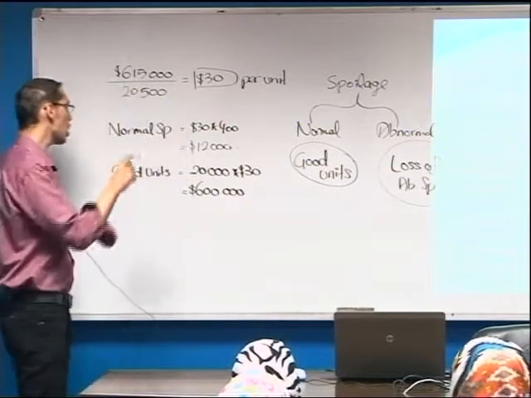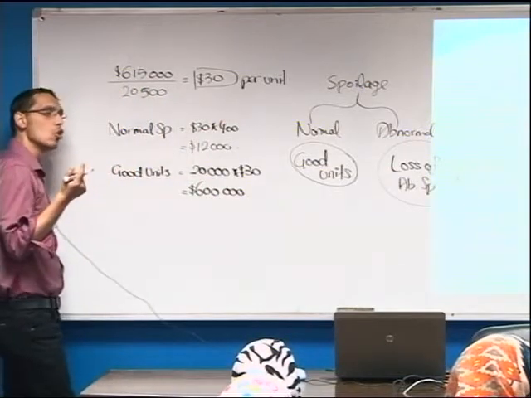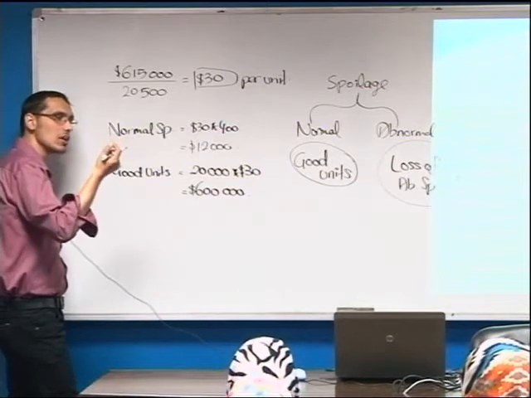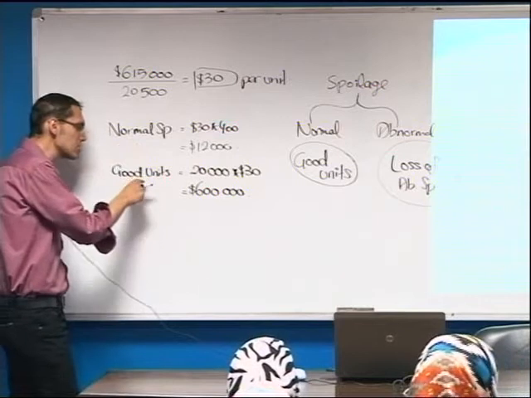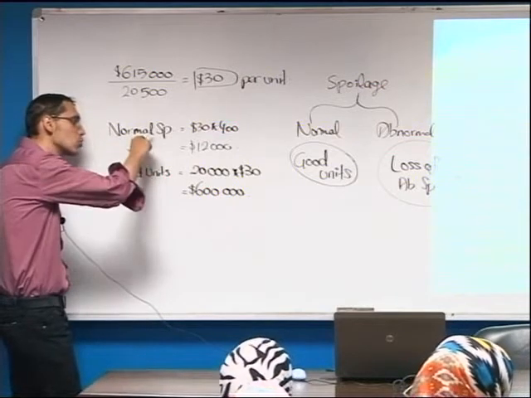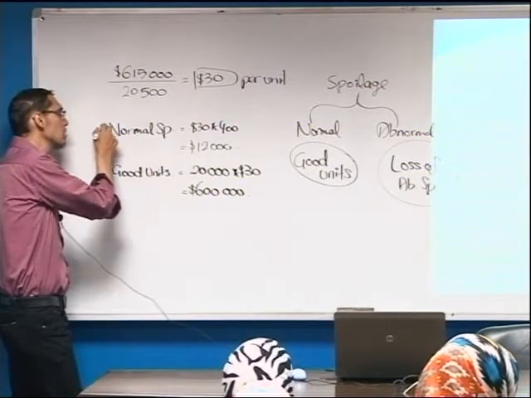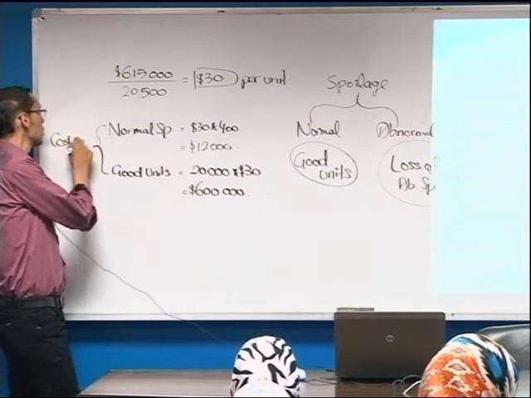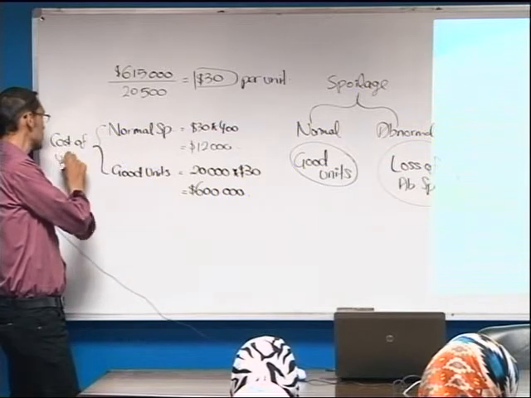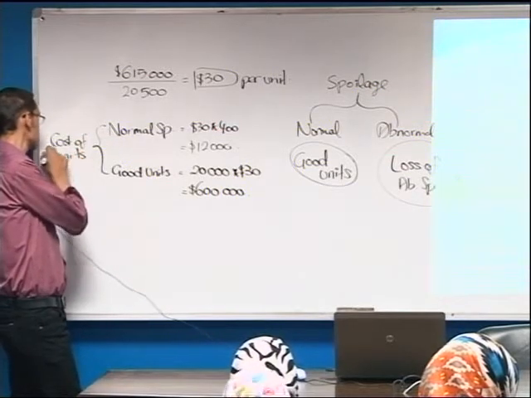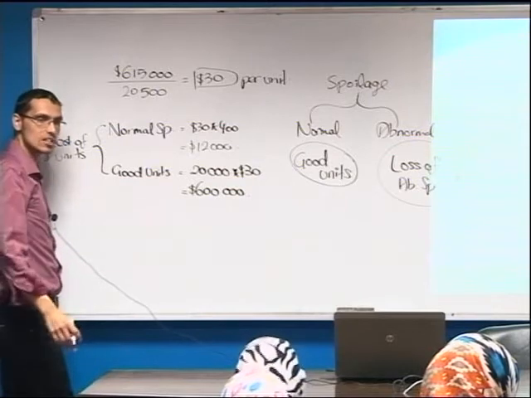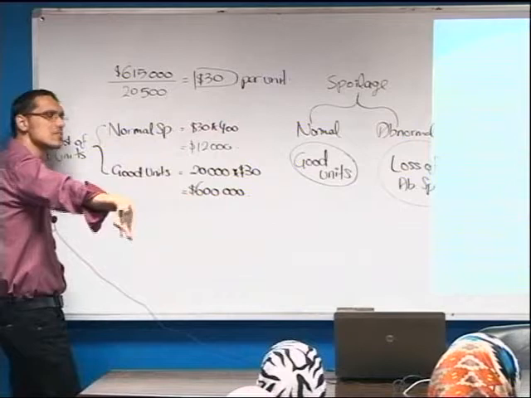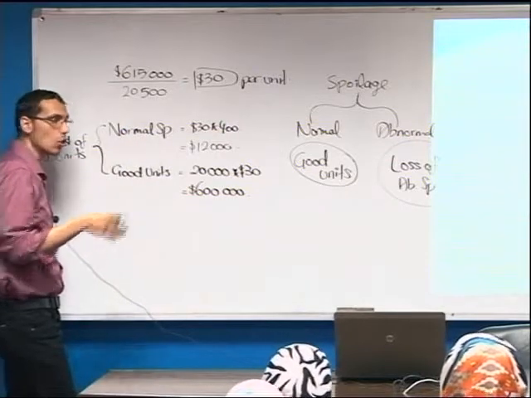These are the cost of good units, but we know we could not have produced these good units unless we had normal spoilage. Therefore, these two would be the cost of units or finished units. These are the costs of finished units, or the cost of good units that are transferred, or in this case, finished.